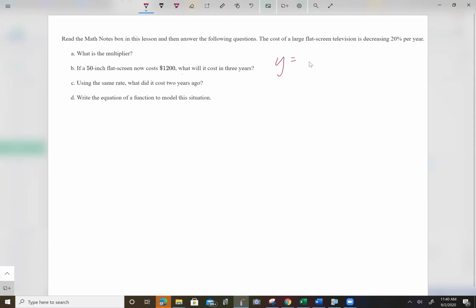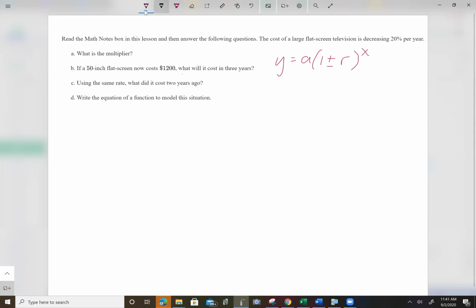y is equal to your starting value A times 1 plus or minus your rate. So you're either getting bigger or getting smaller by a certain rate, to the power of x.